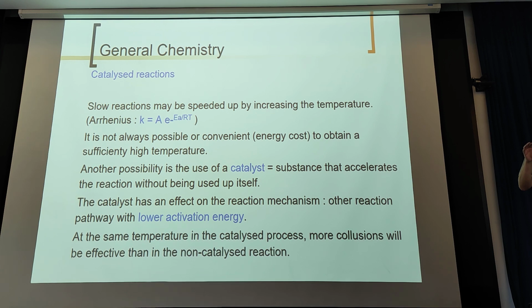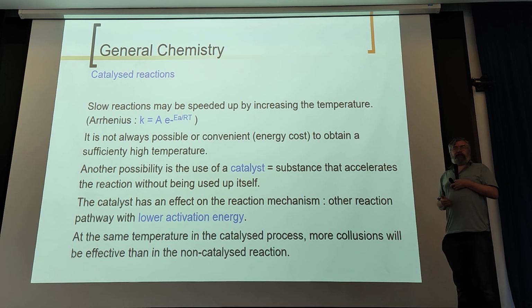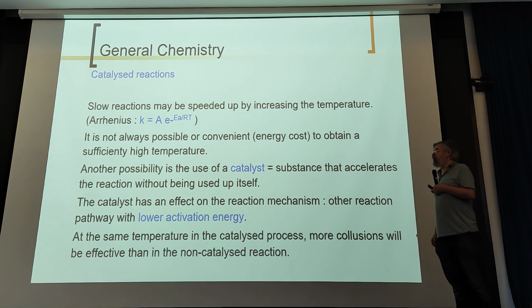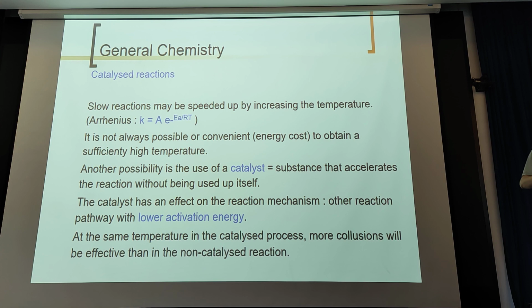In such a case, we have to change the mechanism of the reaction, so that it goes via another pathway which is energetically more favorable. And typically some substance is added, and this substance is called a catalyst. So the catalyst is normally something that is just helping the reaction.